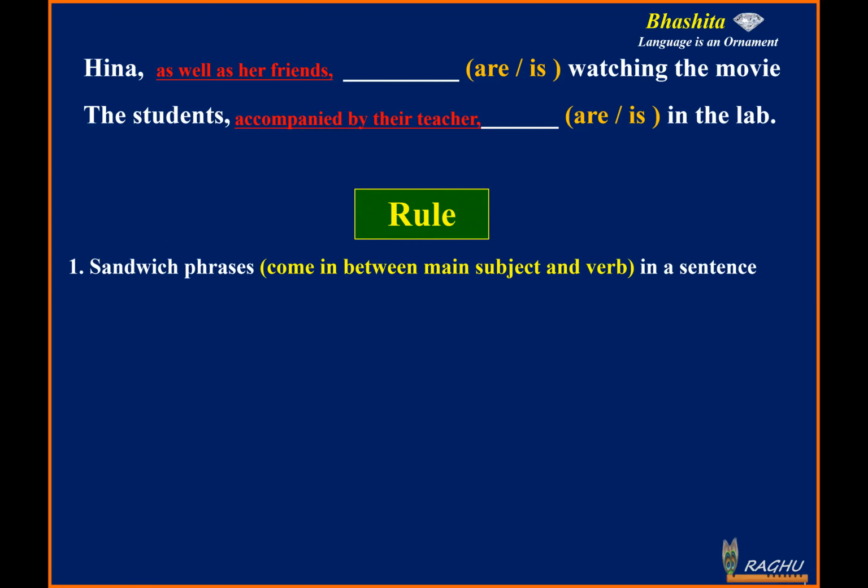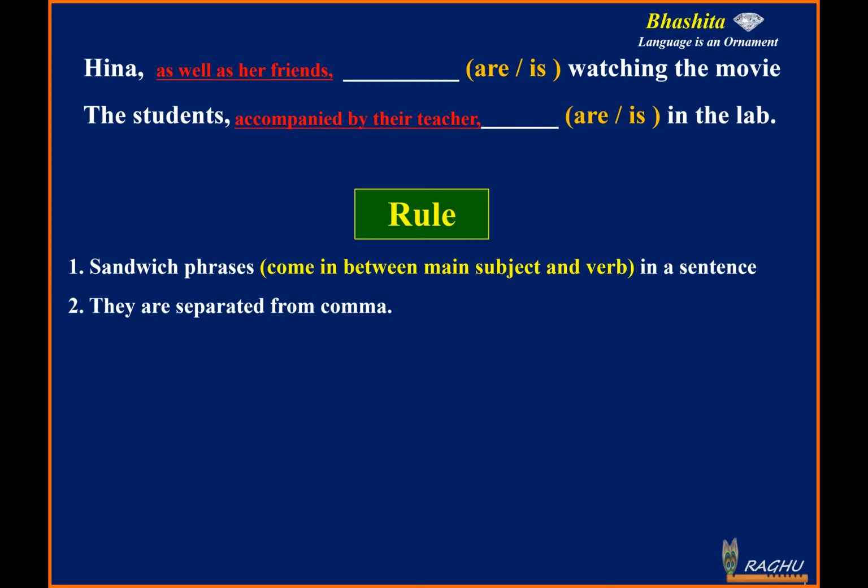Similarly, like a sandwich, some phrases in the English language come in between the main subject and the verb in a sentence. Generally, they are separated by commas. If you observe the given two sentences on the screen, we have sandwich phrases highlighted in red color and separated by commas.